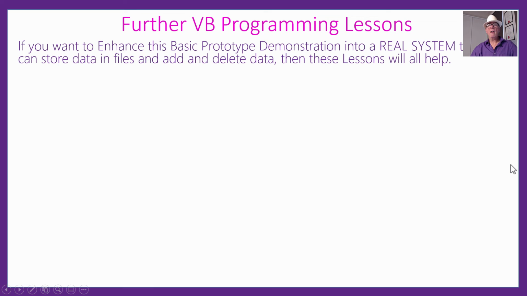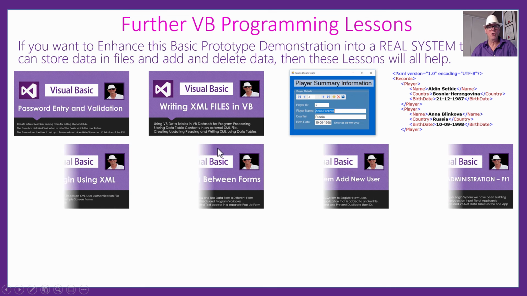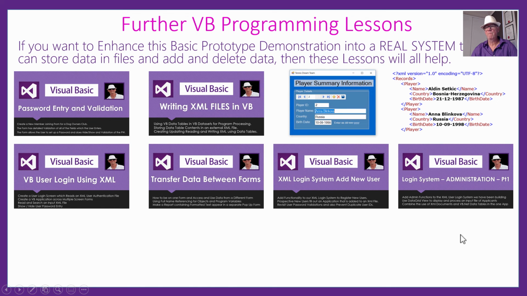All right, so now if you did want to make this a proper application that saves values to files, you could go in and edit the biography of someone and change it and save it and all those sorts of things. You could delete a player profile and put a different player onto your system. Then you need to go through all of these lessons that are in our YouTube playlist for Visual Basics.